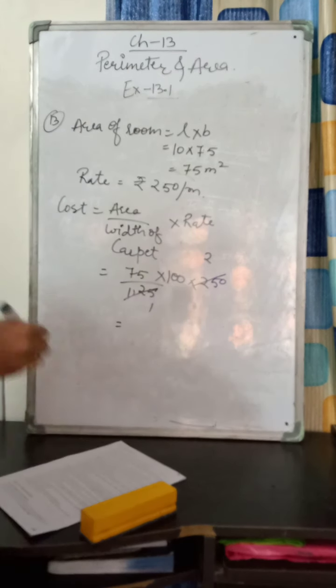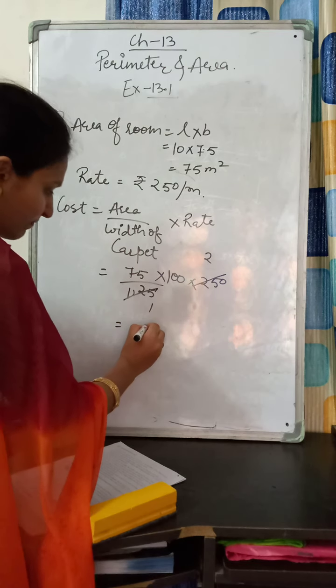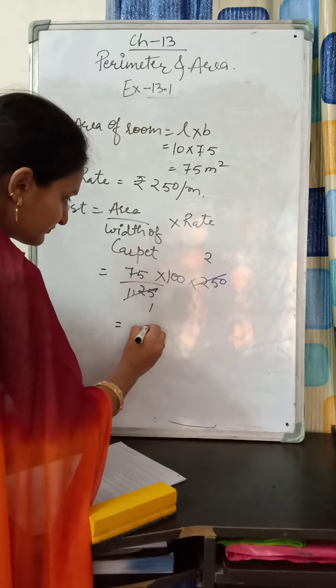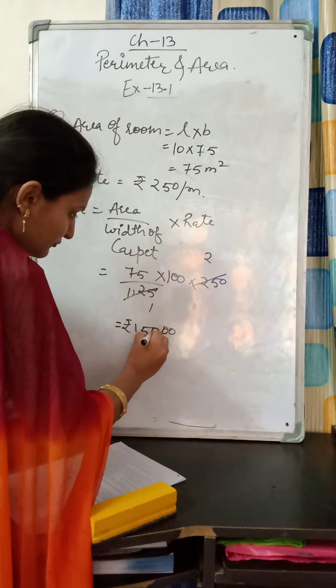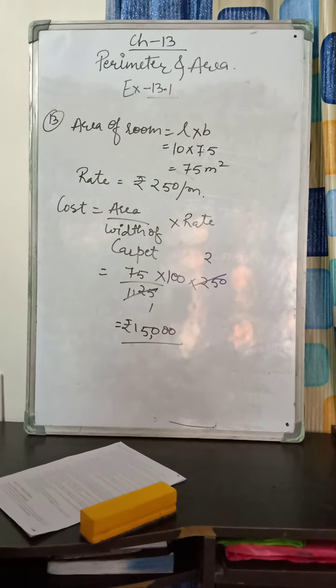So here 75 into 2 is 150 and 00. So 15,000 rupees is the cost of carpeting the floor of the room.